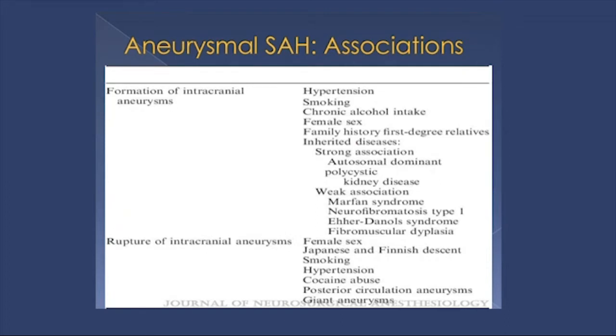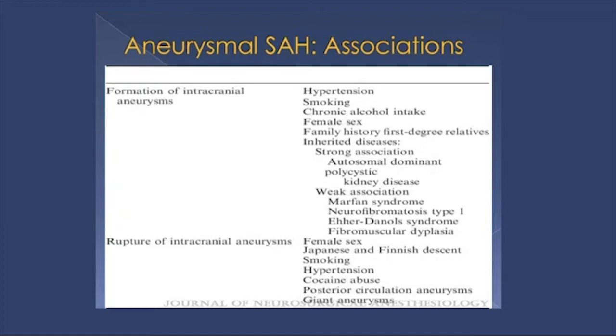So the associations are with regards to formation. I call associations those who have the risk factors for getting aneurysmal bleeds. You can either get risk factors for the formation of the aneurysms or for the rupture of the aneurysms. I mentioned that I'll concentrate mostly on the aneurysmal SAH. So for formation, the risk factors listed there: hypertension, smoking, female gender, because there is more predilection towards that, chronic alcohol use, and family history.